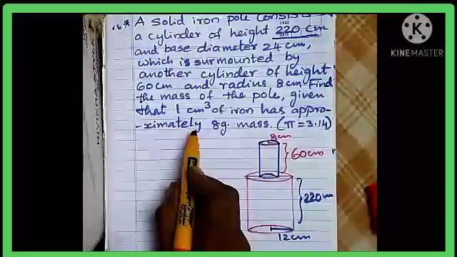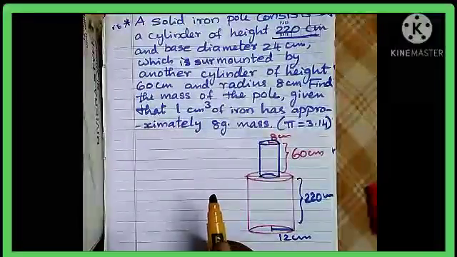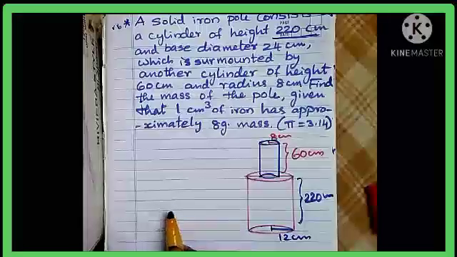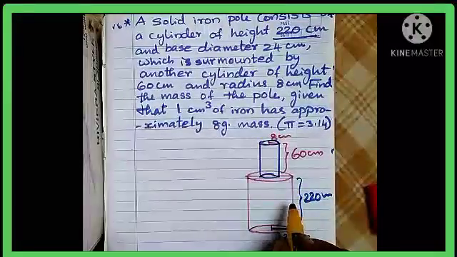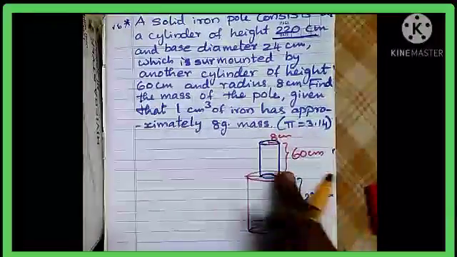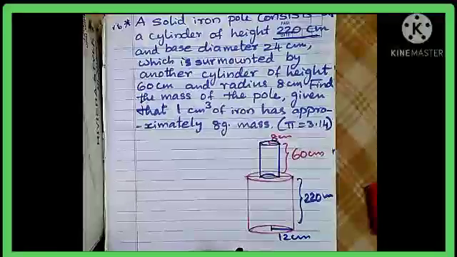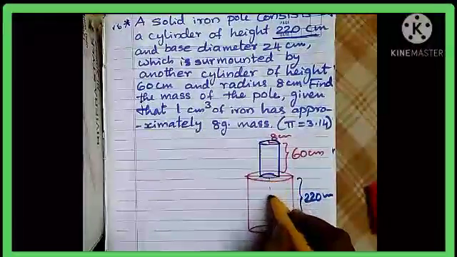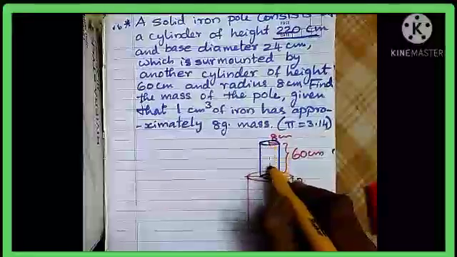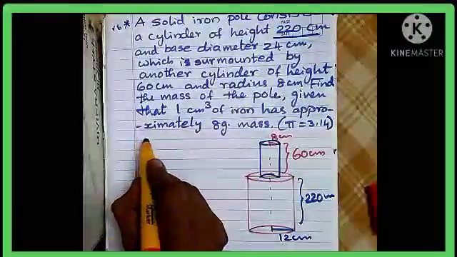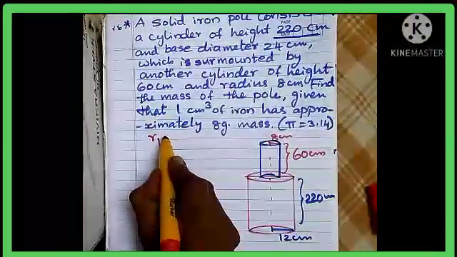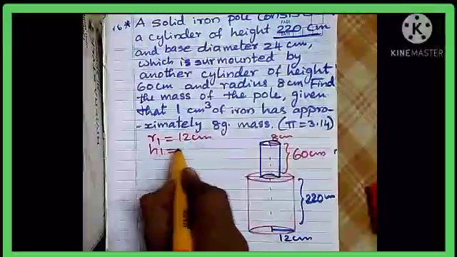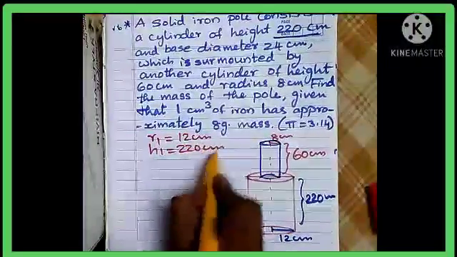So here we need to find the volume. Mass equals volume into density. So volume we need to find. Volume of the iron pole means volume of the 2 cylinders we need to add. For the first cylinder, suppose the radius is R1, R1 equal to 12 centimeters and H1 equal to 220 centimeters.